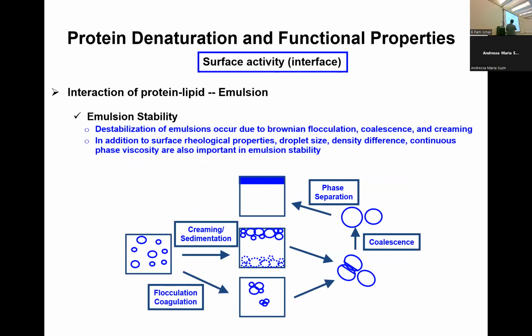So when we have two phases of different density, without a surfactant or an emulsifying agent, things will separate. But once you have the emulsion formed, it's not stable forever. Over time, you're going to have flocculation initially, and then coalescence, and then phase separation.